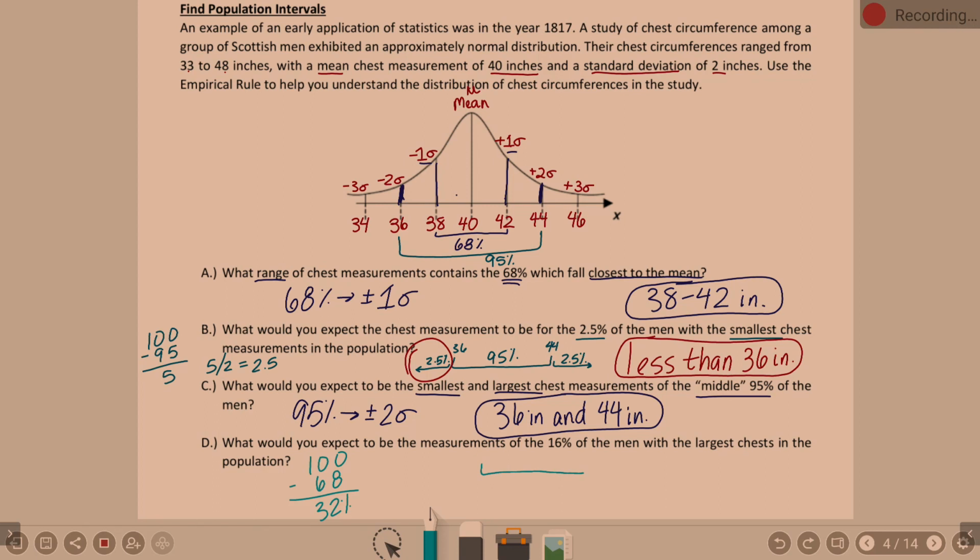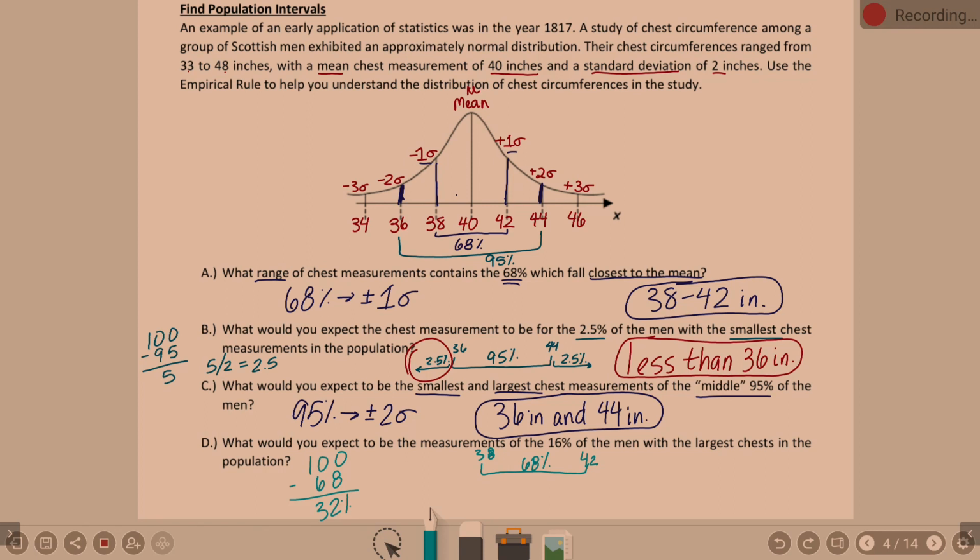If I have 68% in the middle going from 38 to 42, 68% of data goes from 38 to 42. That leaves 32% to be where? On the outsides of those.